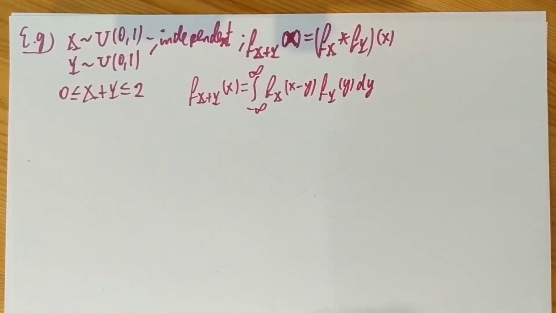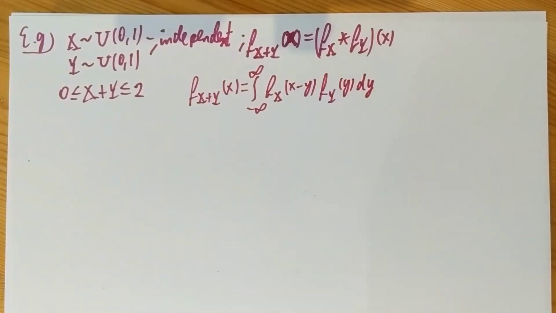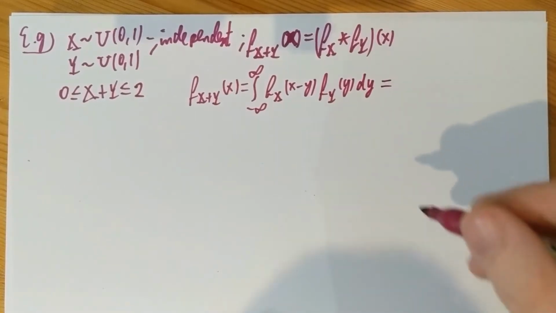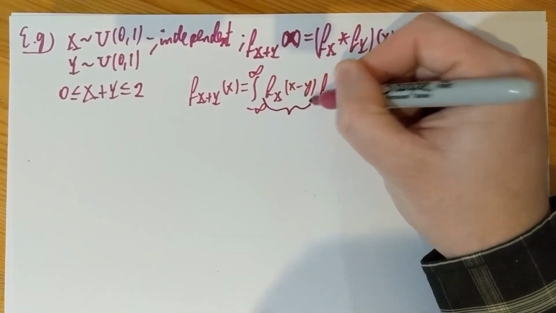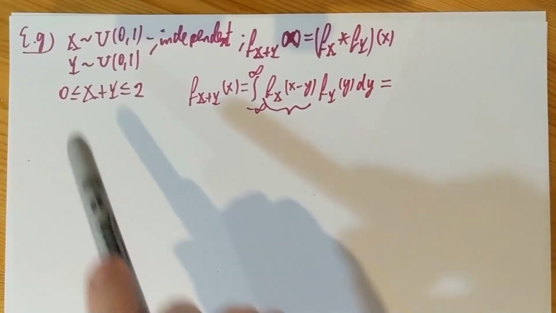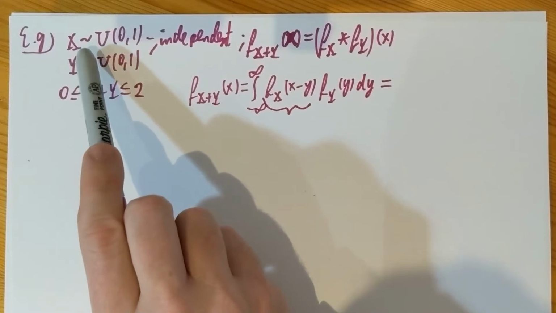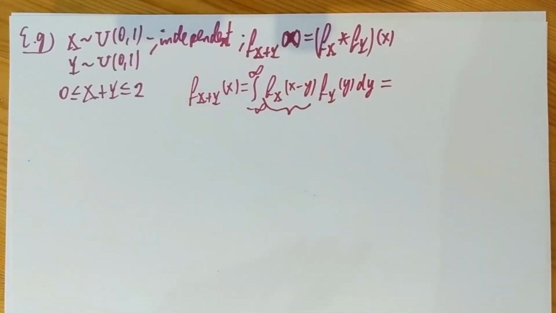Now what are these densities? So these are the marginal densities for X and Y, respectively. And this one here is just 1 when x minus y is between 0 and 1, right? It's 1 when x minus y is between 0 and 1 because X is uniform on the interval 0, 1. This interval has length 1. The density of the uniform is the reciprocal of the length.